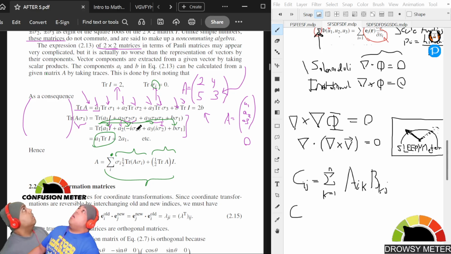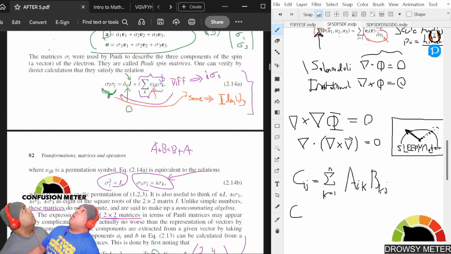A equals sigma half trace. It's almost time I end stream. I kind of want to figure this out.